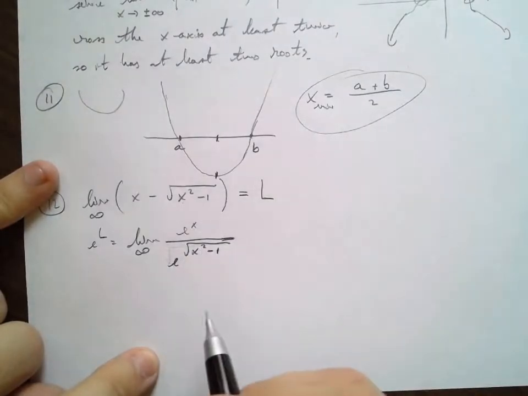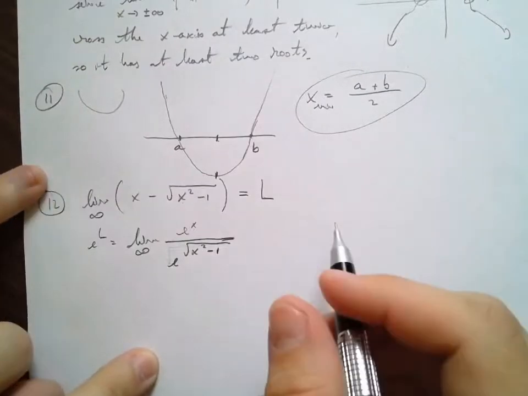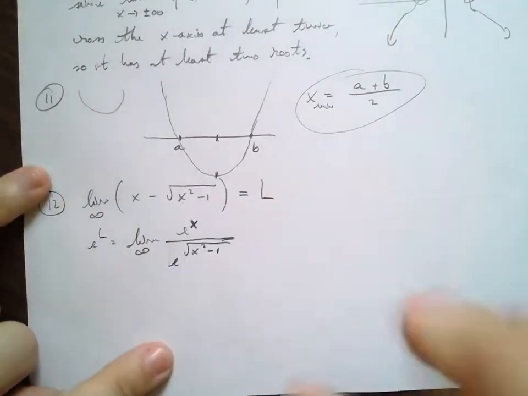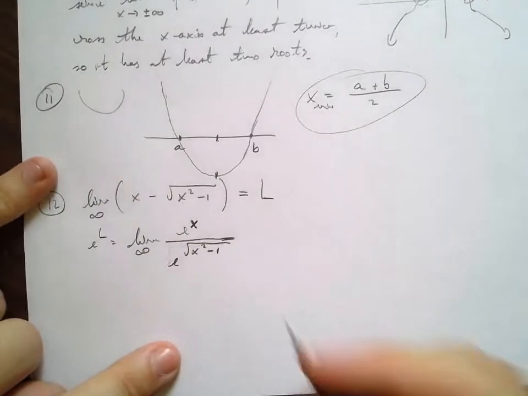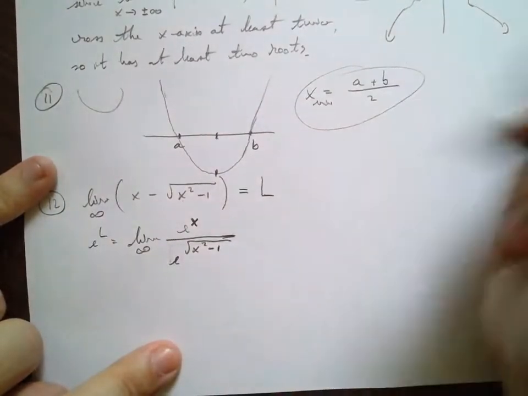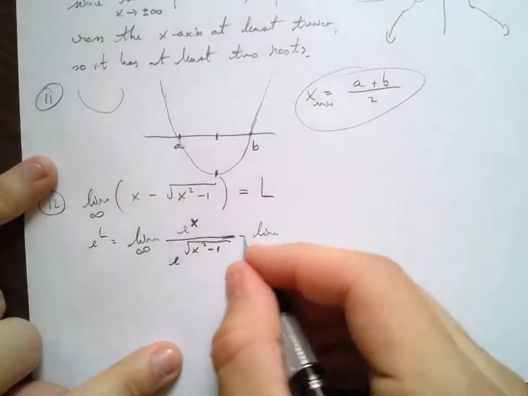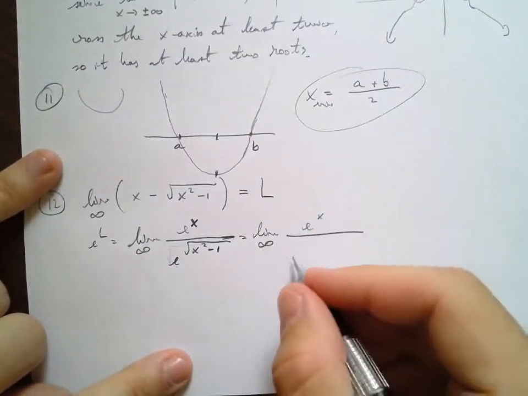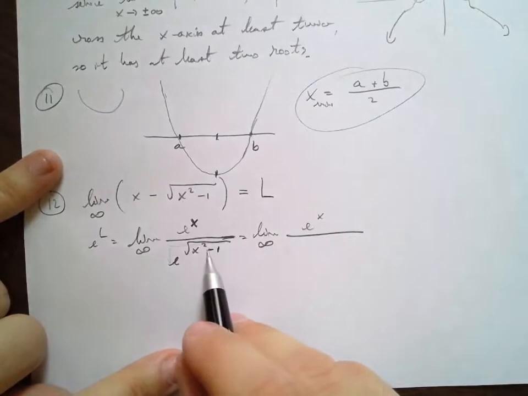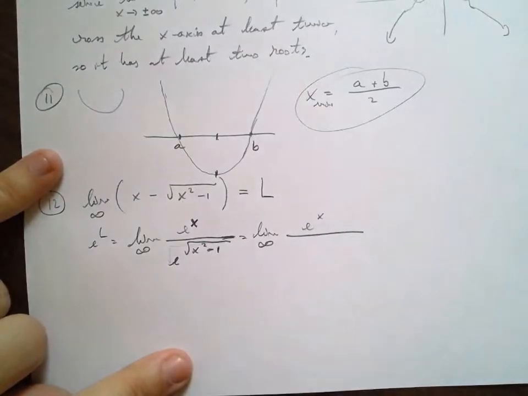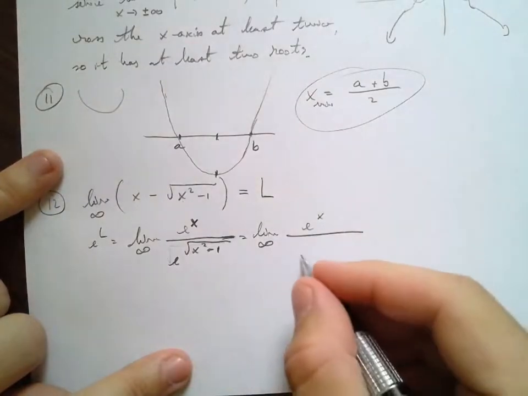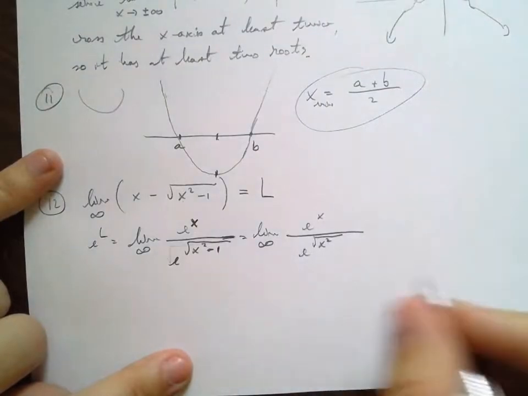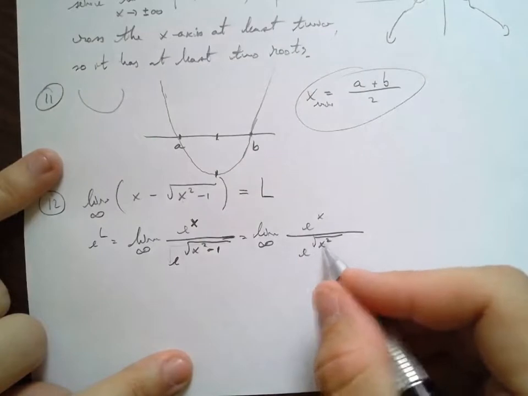Let's see, as x goes to infinity, it's going to be the same as the limit at infinity of, on top I have e to the x, on the bottom this minus 1 is not really going to contribute a whole lot to my limit, so it's the same as e to the square root of x squared, which is the same as e to the x.